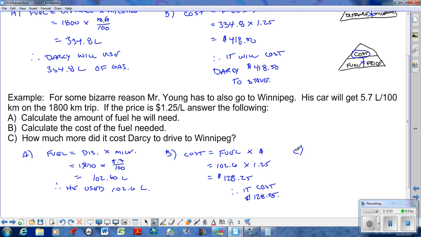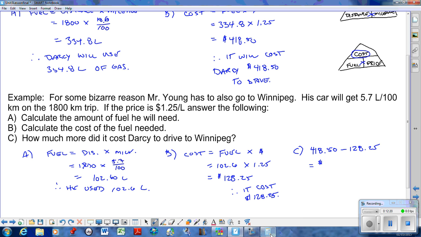So C part then, how much more did it cost Darcy to drive? Well, it cost him $418.50 to pay for the gas in his vehicle. Mr. Young only paid $128.25.